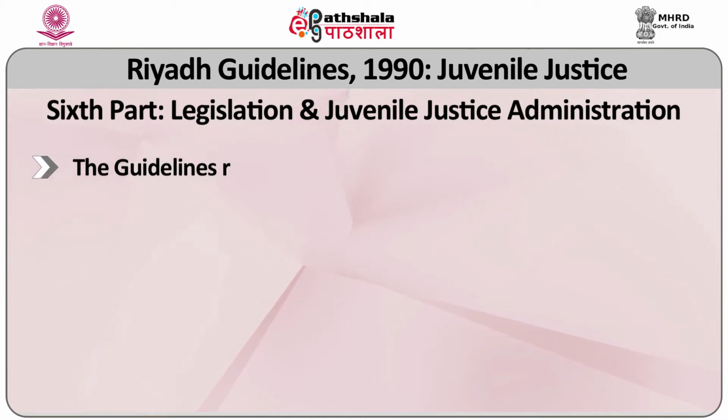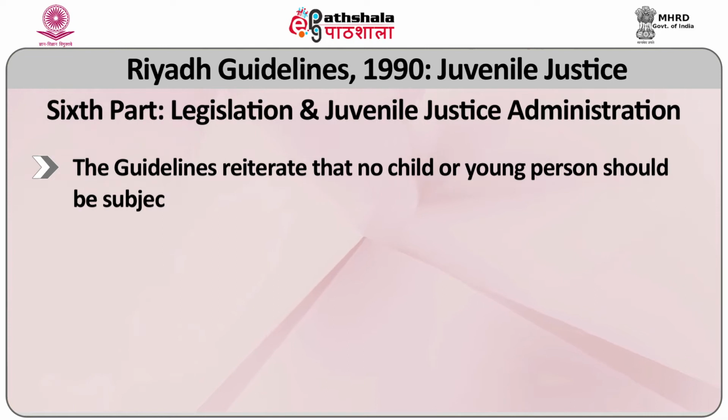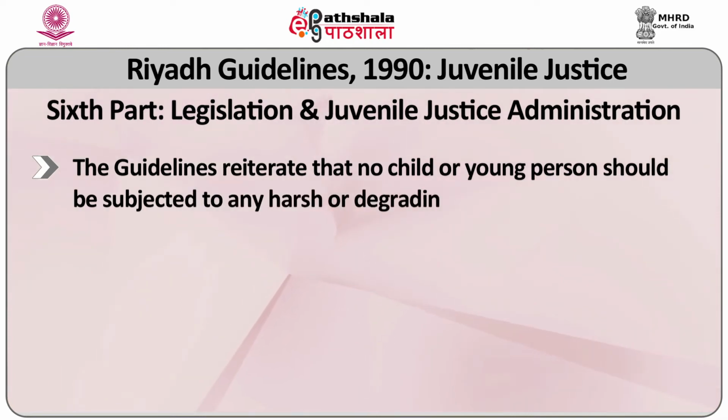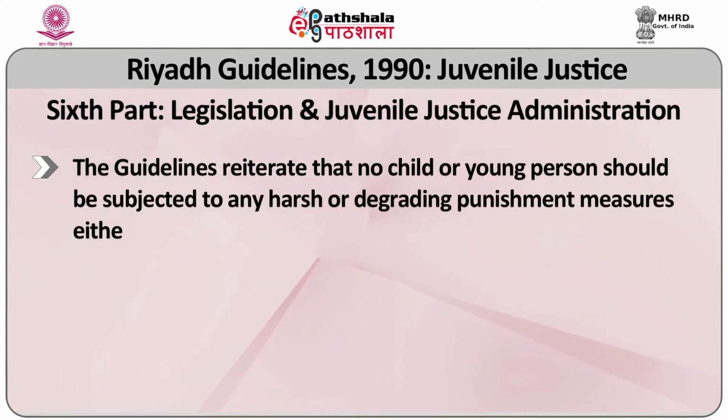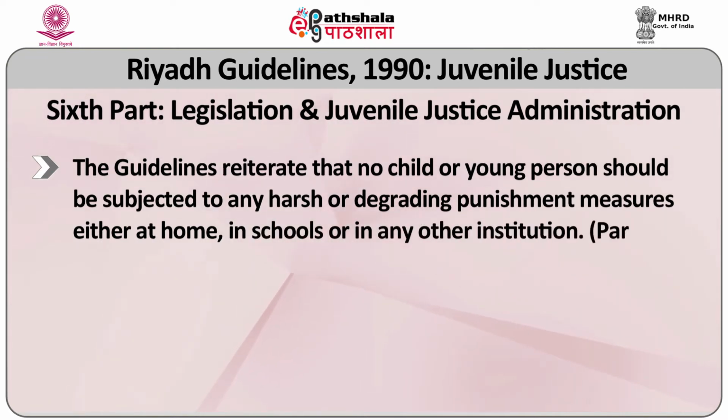The guidelines reiterate that no child or young person should be subjected to any harsh or degrading punishment measures either at home or in school or in any other institution.